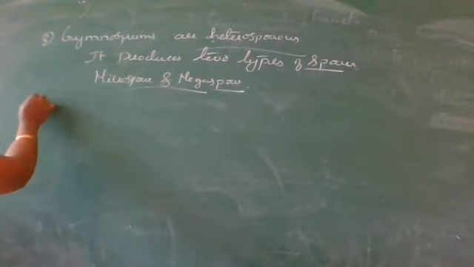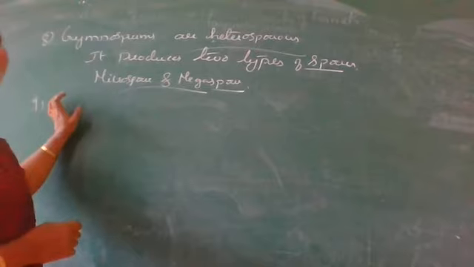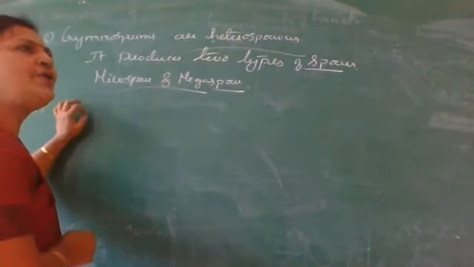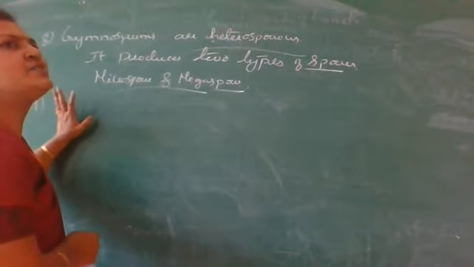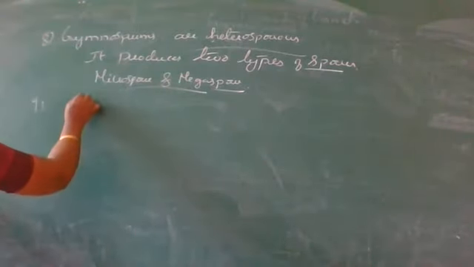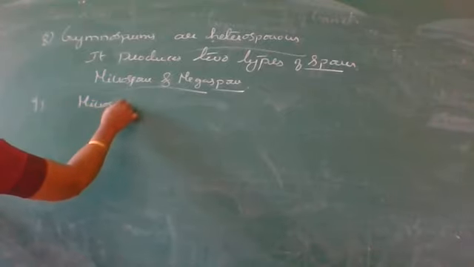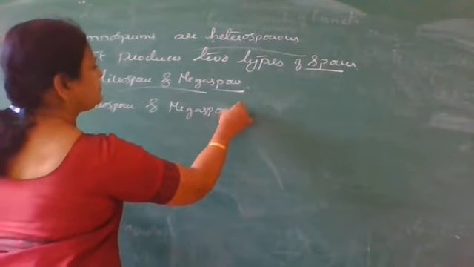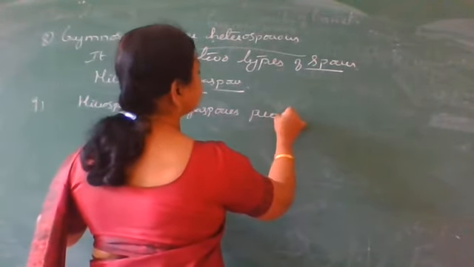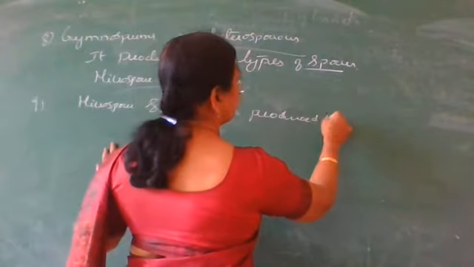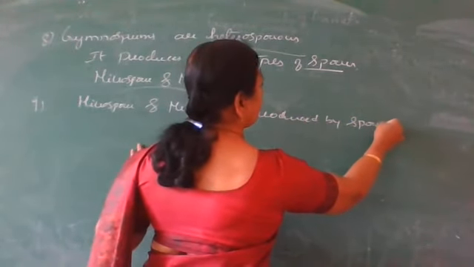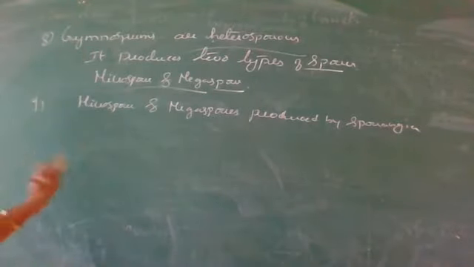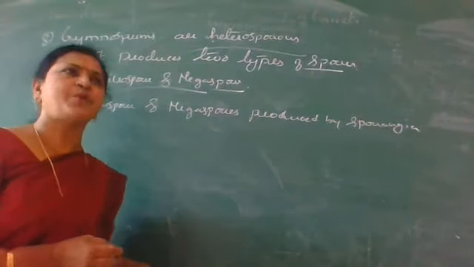And these spores, whether microspores or megaspores, are produced by the sporangia. Microspores are produced by microsporangia, megaspores are produced by megasporangia.